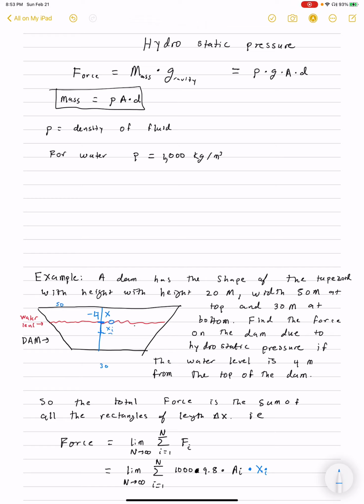And so I can make a little strip right here. And this is going to have a width of delta x. So that's going to have a width delta x. And so the reason why this has weight is because the weight of the water above it has a density, and that's being weighed down.